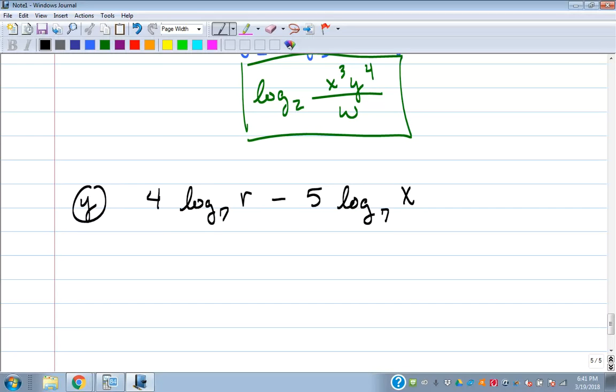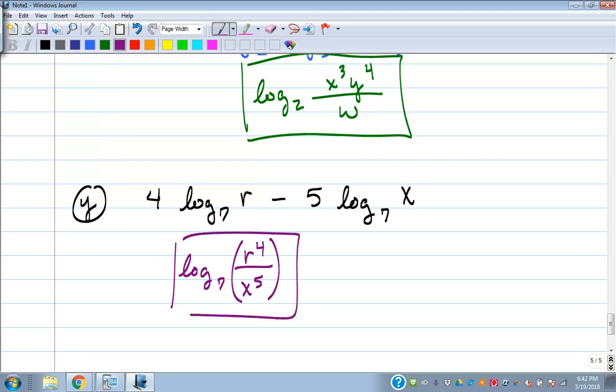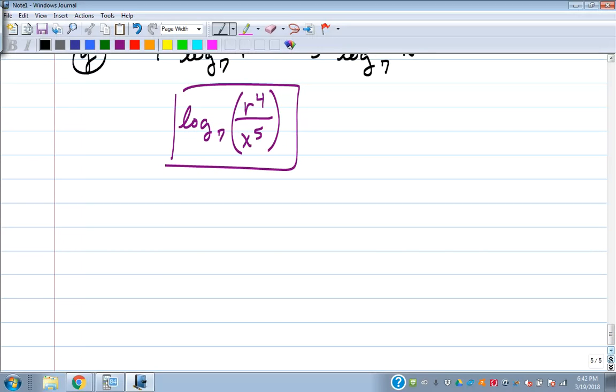What's it going to turn into? R to the fourth over x to the fifth. Good job. Real simple. One subtraction problem turns into one division. The exponent rule, you know, shoot those up there to the top. That's what that does.